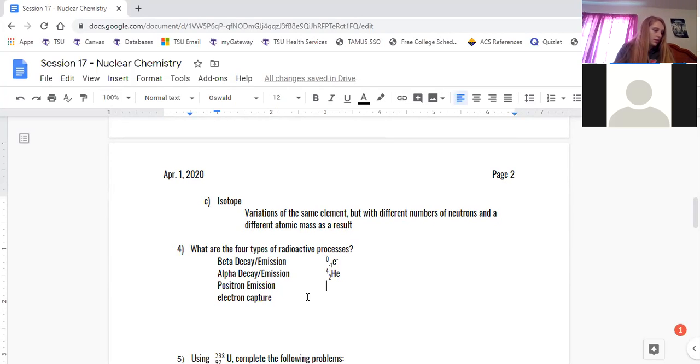Our positron emission is going to look like our electron emission here, but backwards. Instead, it's like adding a positive version of an electron. So it's still the mass number up there of 0, but it's going to have a positive 1 here.